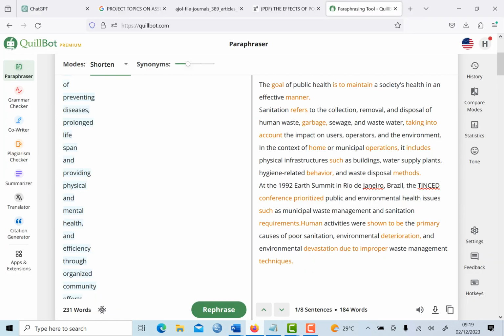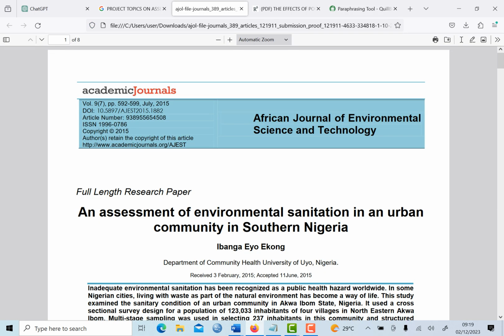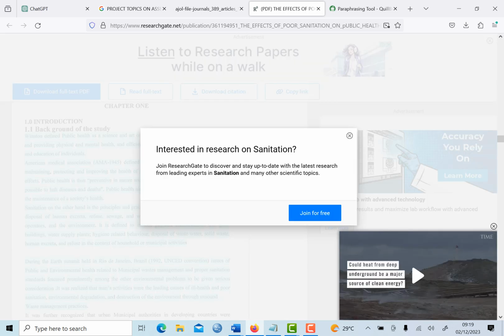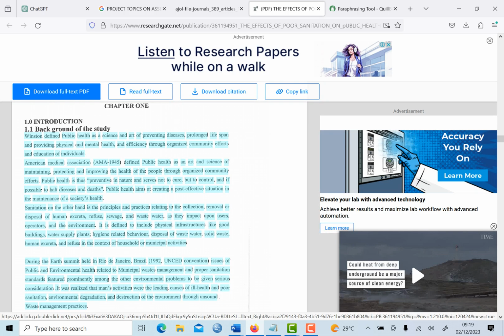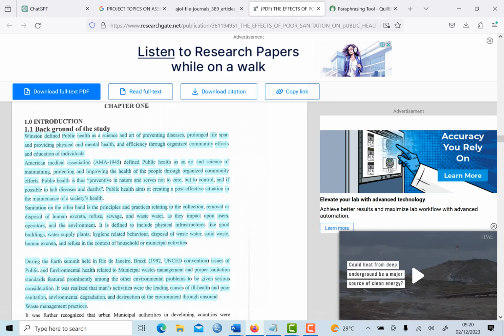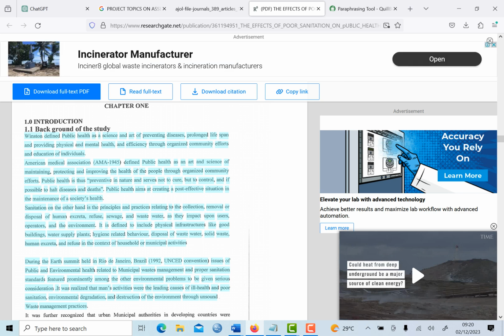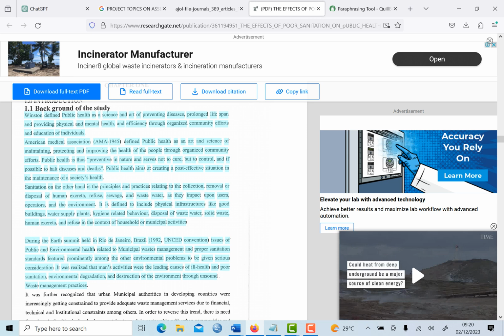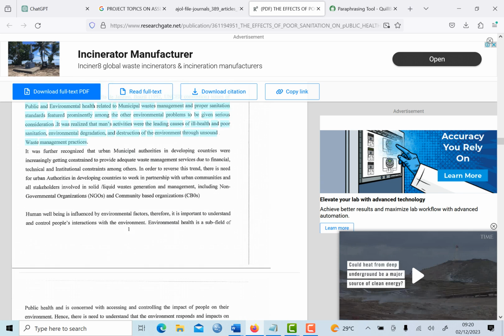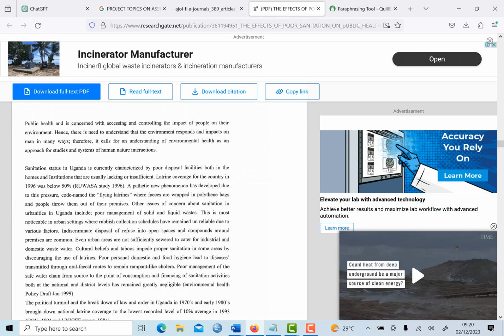So you go back to the article to check more. Let's check more. This is for educational purposes only, so we are not going to go too much into detail.